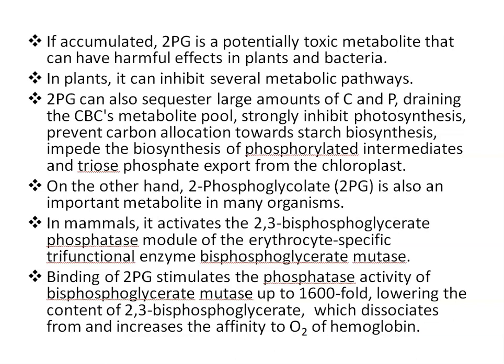In plants, it can inhibit several metabolic pathways. 2-PG can also sequester large amounts of carbon and phosphorus, draining the Calvin-Benson cycle's metabolite pool, then strongly inhibit photosynthesis, prevent carbon allocation towards starch biosynthesis, impede the biosynthesis of phosphorylated intermediates, and triose phosphate export from the chloroplast.